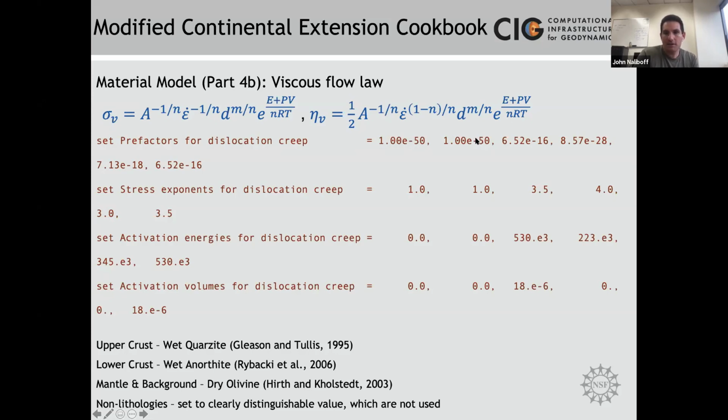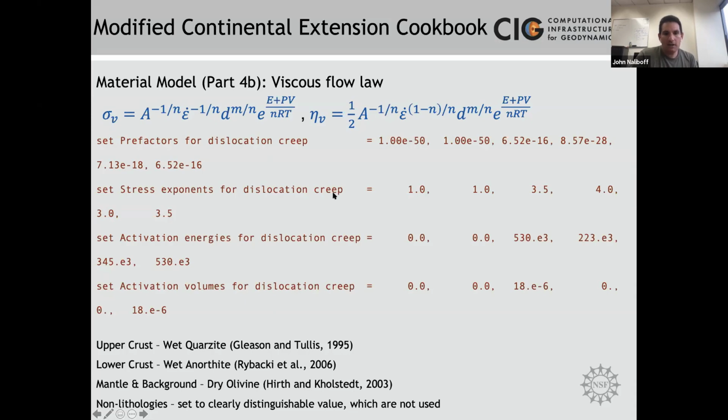This initial value right here is the pre-exponential factor A. This value right here is the exponent n. This is the activation energy E right here, and this is the activation volume right here, 18E minus 6. So I may have actually misordered these slightly when I redid this problem. I'll go back and double check that, and if so, I'll update the parameter file.